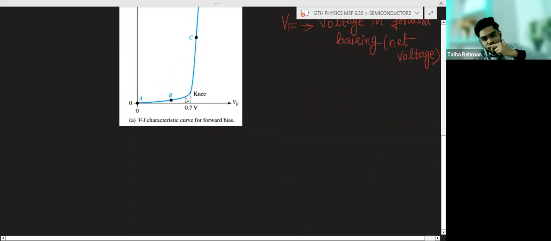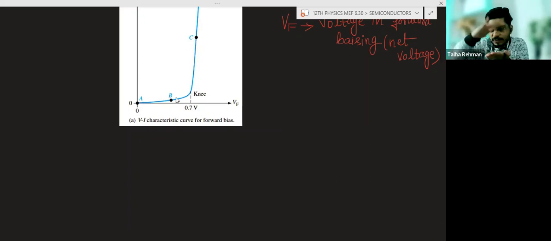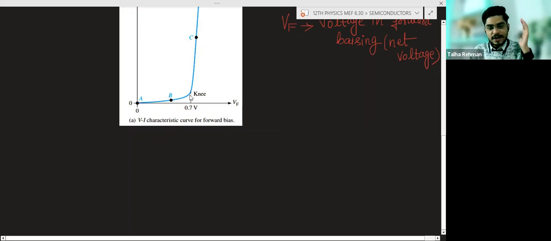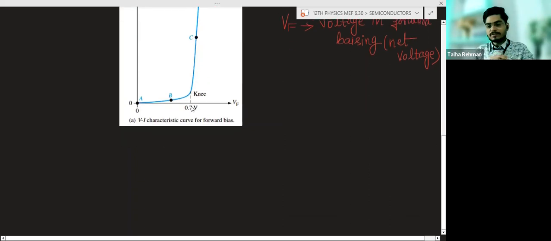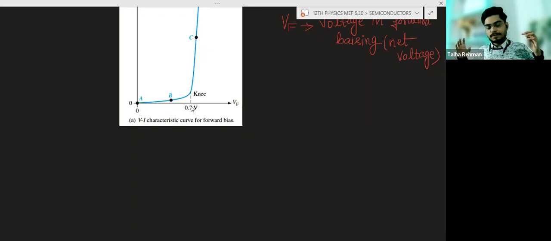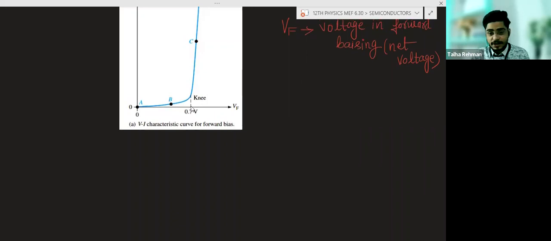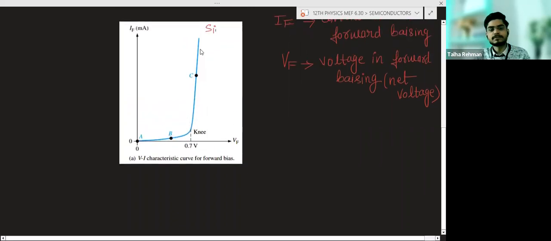Again you have increased the applied voltage, the potential barrier will again decrease, V minus VB will again decrease, and the value will reach here at the knee voltage. Then the potential barrier will become 0. Now the maximum number of charge carriers will flow, and the current you can see suddenly increases, and this current will be in milliamperes.